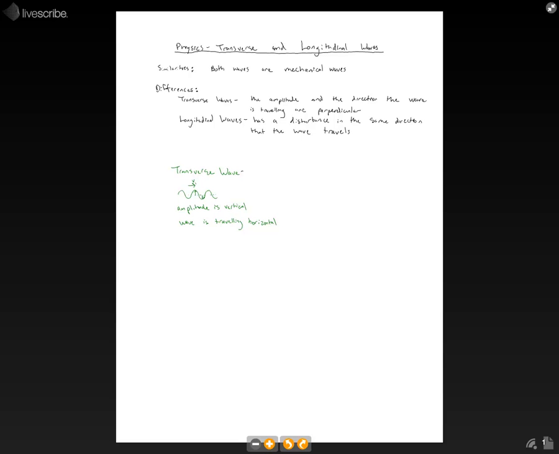And then we also have longitudinal waves, and now longitudinal waves are known as having a disturbance in the same direction that the wave travels. So you could even consider that to be parallel. And so when people usually try to describe longitudinal waves, they usually use the idea of slinkies.